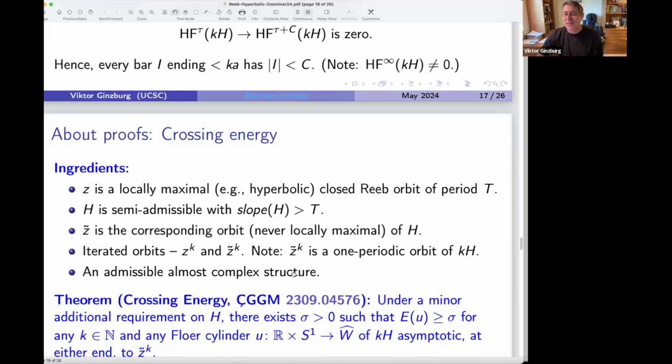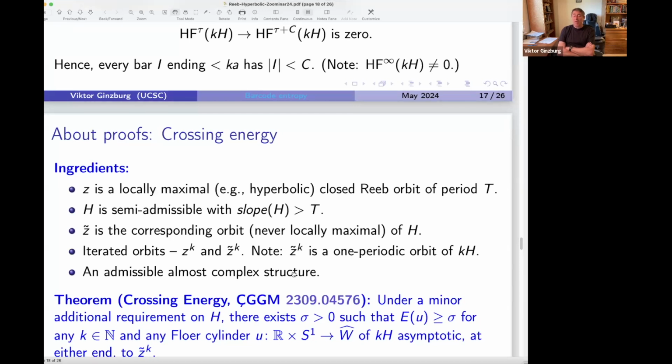And basically the idea here goes back to an observation by Gurel and myself, that whenever you have a hyperbolic orbit of a Hamiltonian diffeomorphism, or even a locally maximal orbit of a Hamiltonian diffeomorphism, there is a lower bound on the energy of a Floer trajectory asymptotic to an iterate of this orbit.